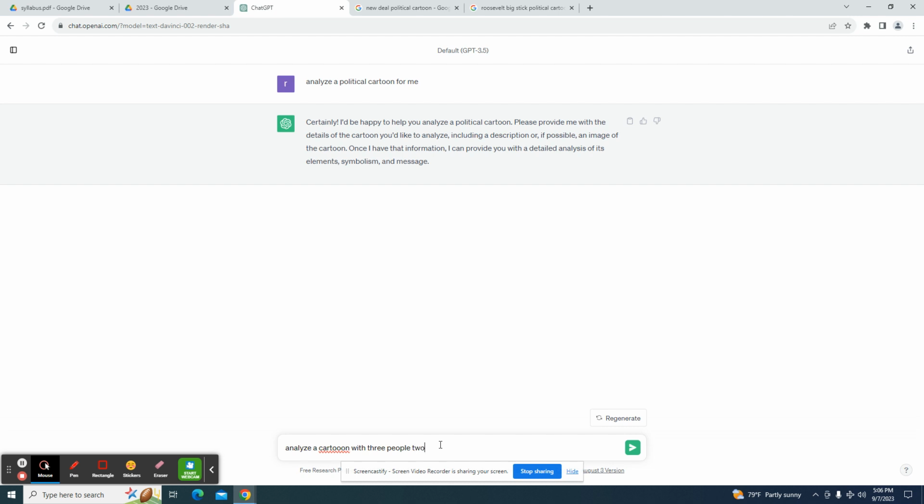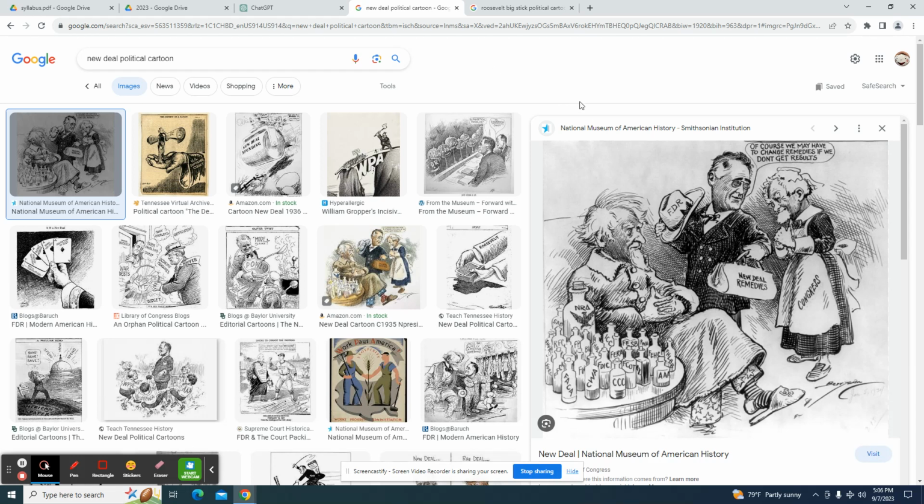Two are men, and one could be a man or woman, I guess, depending on your interpretation of gender. And the person is wearing a dress labeled Congress. I think it says Congress, right? Yeah.